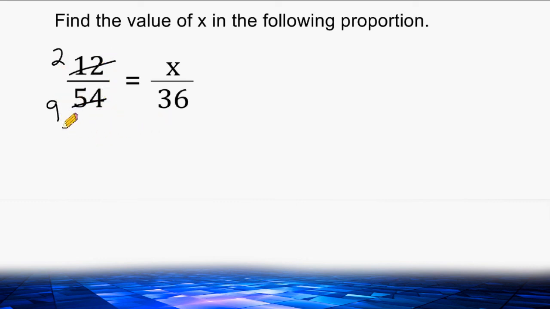Now we have a number for a denominator that can fit equally into this denominator. We would say that 9 fits into 36 exactly 4 times, which means the denominator became 4 times bigger. So we must apply the same factor increase to the numerator. 2 times 4 is equivalent to 8. So that is another way that we can solve the proportion shown.